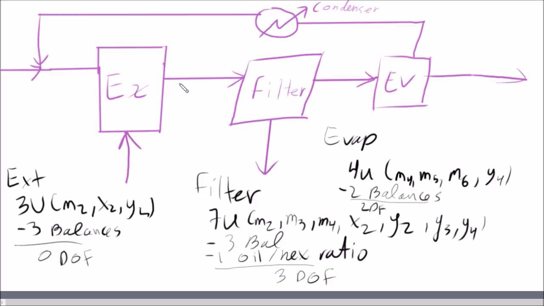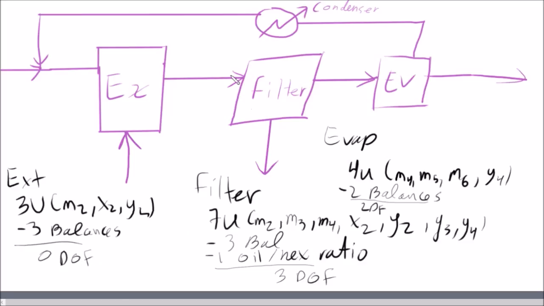We don't know how much is solid and we don't know how much is liquid, so you're going to have an X2 and a Y2. The C6H14 coming out of there is simply represented as 1 minus X2 minus Y2. Once you have those, you know you have three balances. So right now we can see that at the extractor we have 0 degrees of freedom.